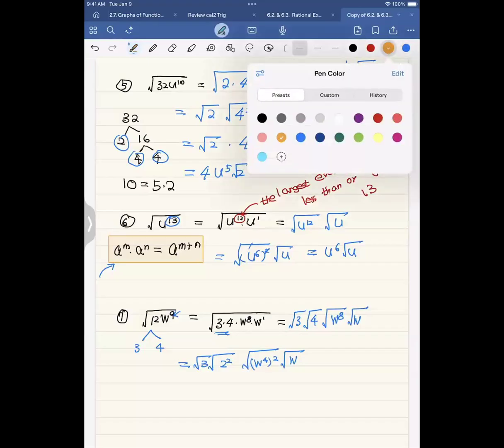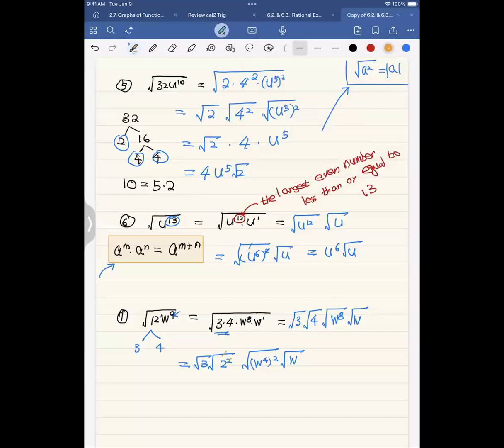So we just simplify further, then that'll be 2w to the 4th power square root of 3 square root of w. That is 2w to the 4th power square root of 3w.